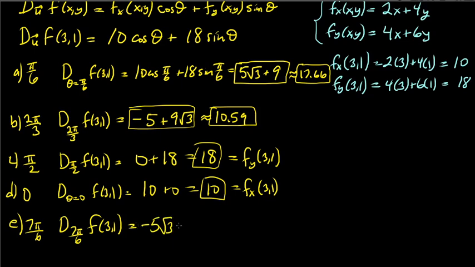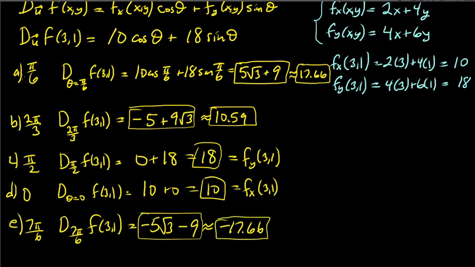And then the sine of 7 pi over 6 is just negative 1/2, so that's negative 9. So this is approximately negative 17.66. There's the exact, there's the approximate.